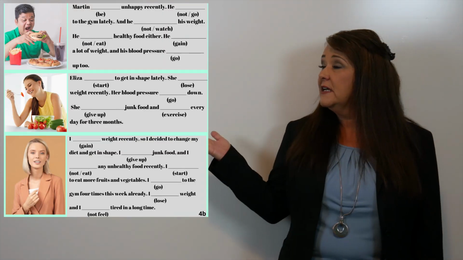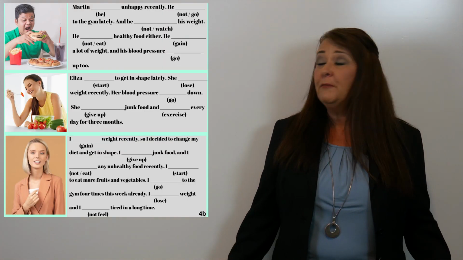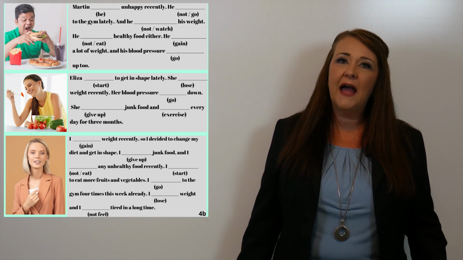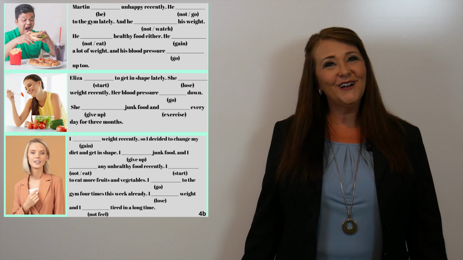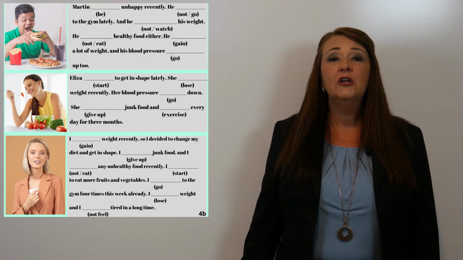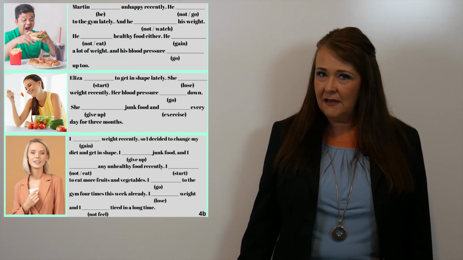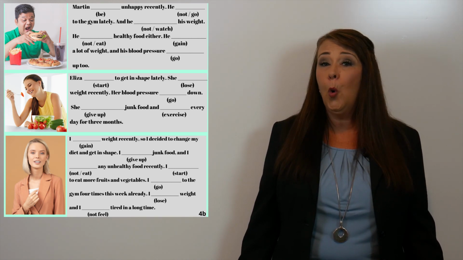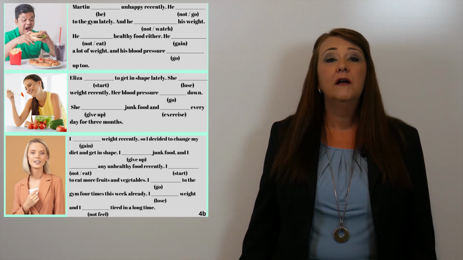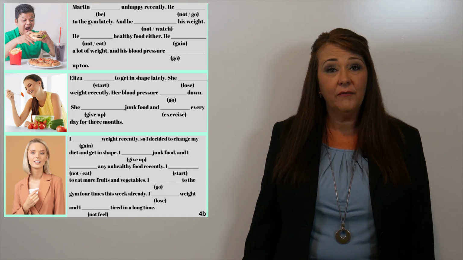What you see on your screen is 3 pictures. They are 3 pictures of people who have either improved their health or not improved their health. You are going to use either have or has, and then the correct verb that you see below.